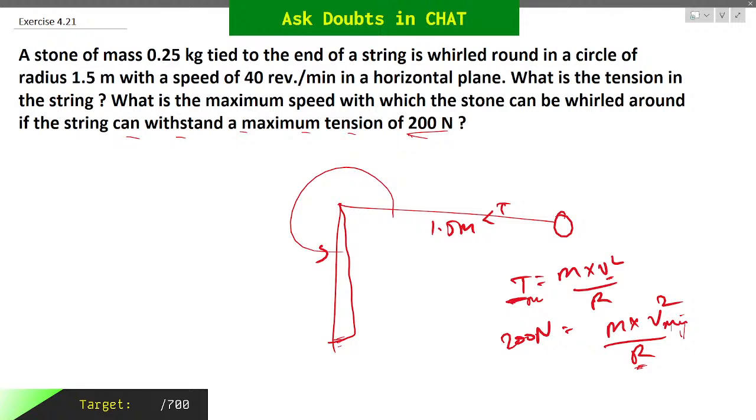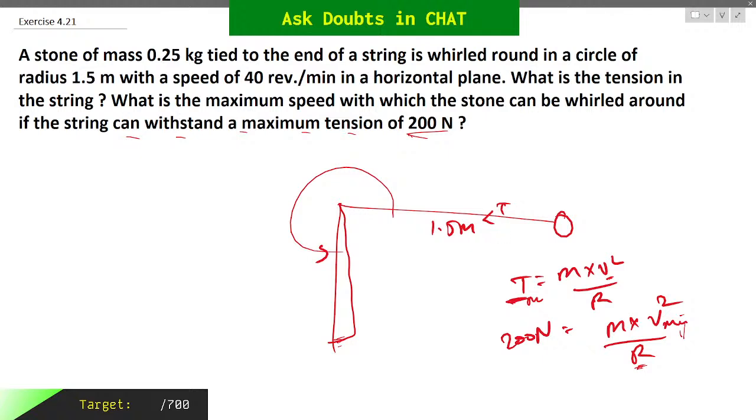Game Mania has asked, so 200 Newton is the maximum centrifugal force. Centrifugal force is a concept of non-inertial frame of reference. It is the centripetal force that we are talking about. And with the given question, it is the maximum tension force that this string can withhold.